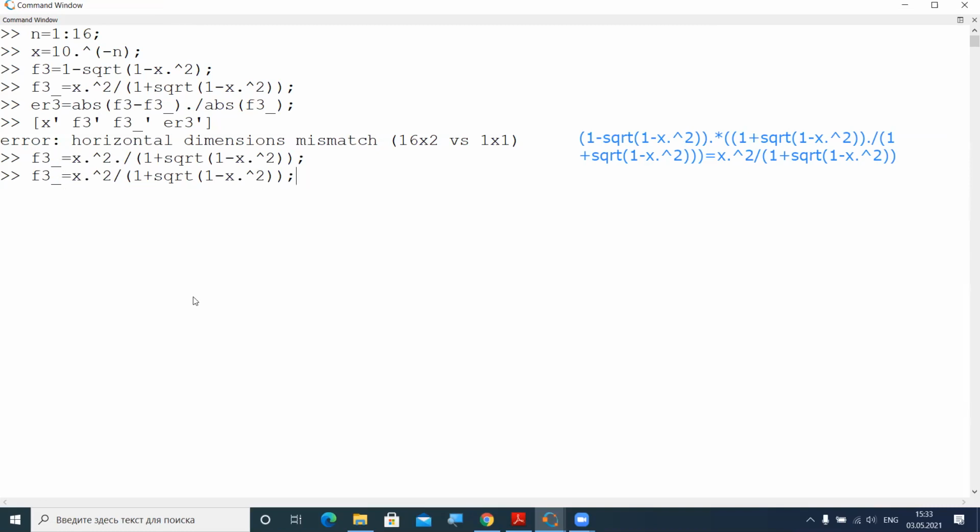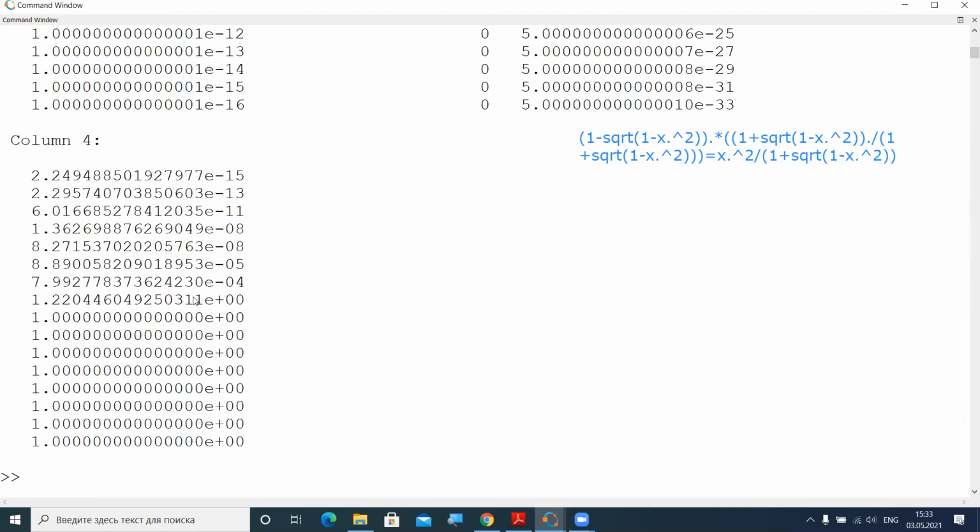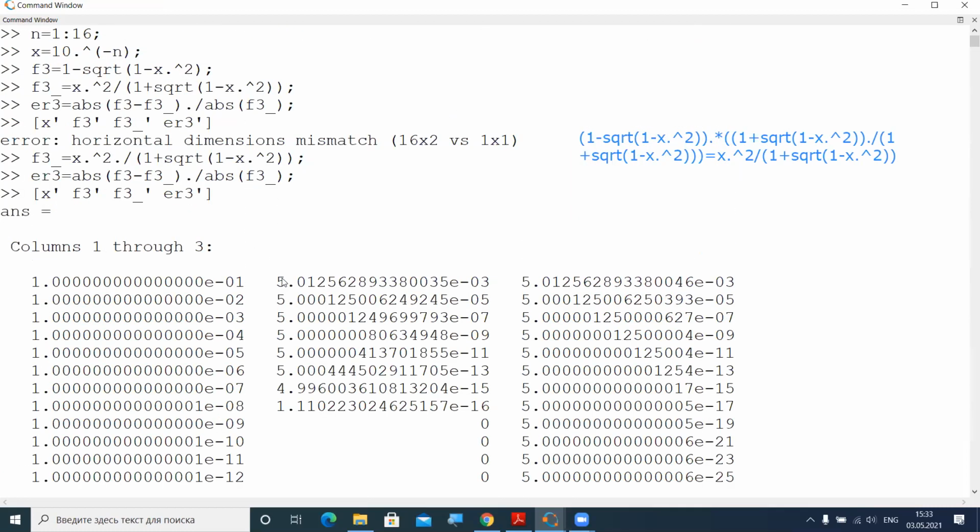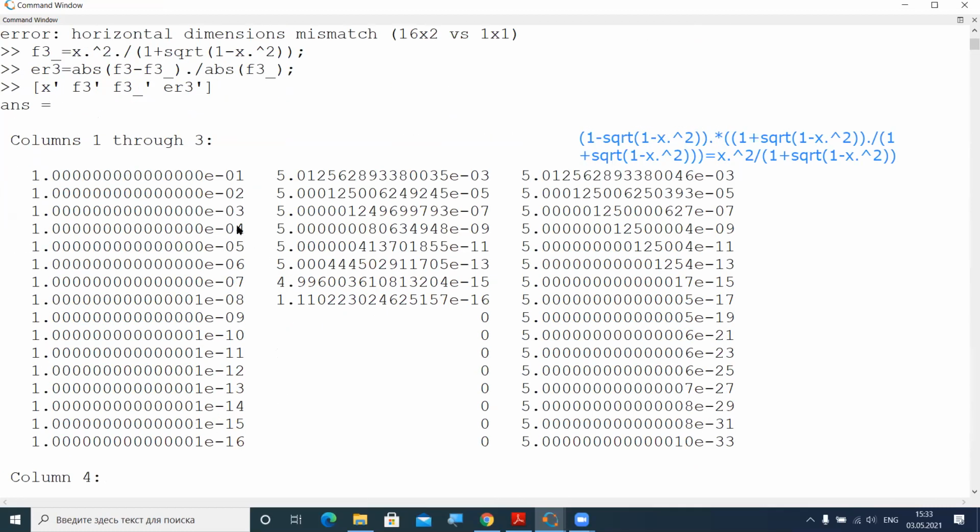And in ER3 we lost our point here too. And this one, now it's correct. So you can see the result here.